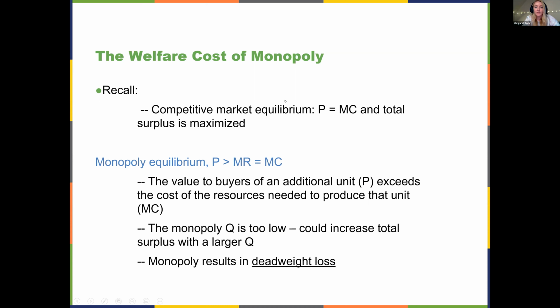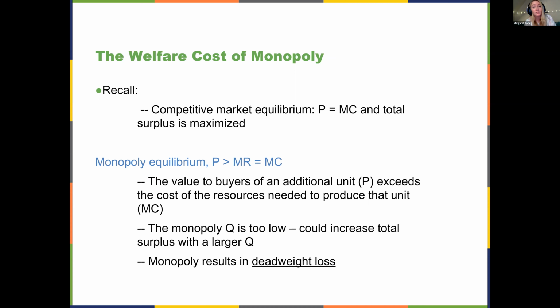So if you guys remember, when we introduced the idea of total surplus back in chapter 3, we mentioned that total surplus is maximized at the market equilibrium. In other words, total surplus, or the benefits to both consumers and producers, are maximized at the competitive market equilibrium.